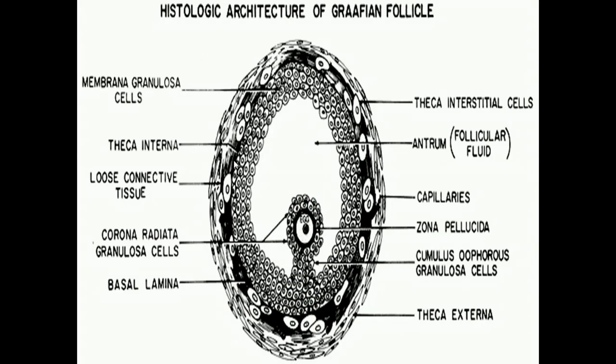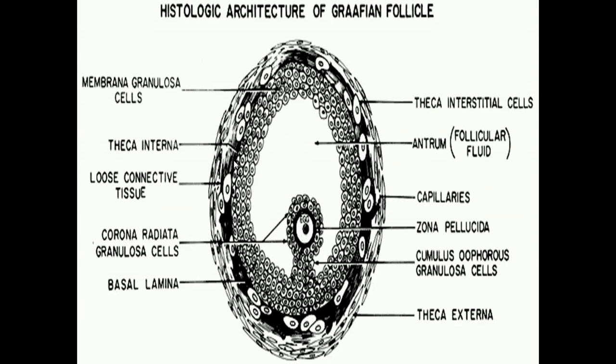So this ovum is ready and it is released. The process by which the ovum is released is called what? Ovulation. So once the ovum is released, it is going to get ready for fusion with the sperm. It travels through the infundibulum and reaches the ampulla.